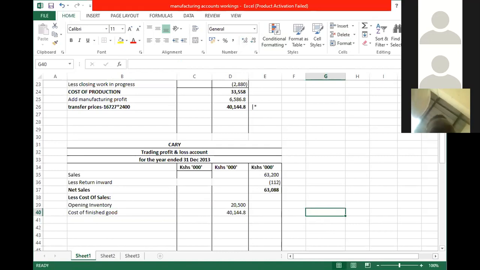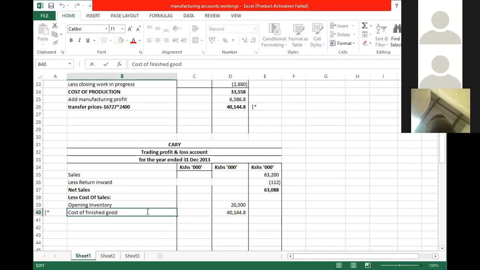George, where are you getting 1742? Oh my. This is the cost of finished goods. This item here, can you see it? The one that we put an asterisk, the one that we marked there. Can you remember that item that we said should always come there?